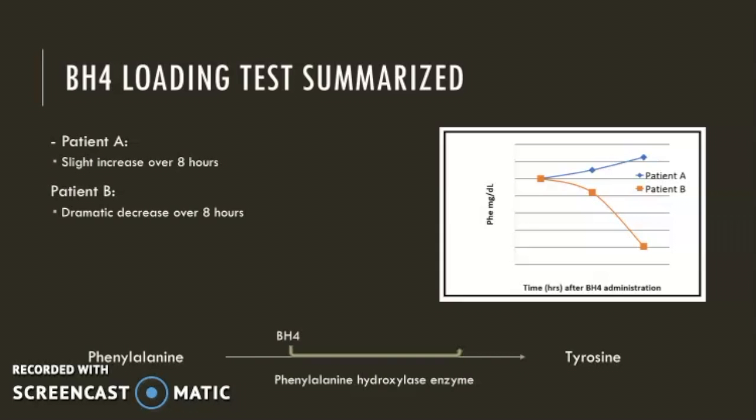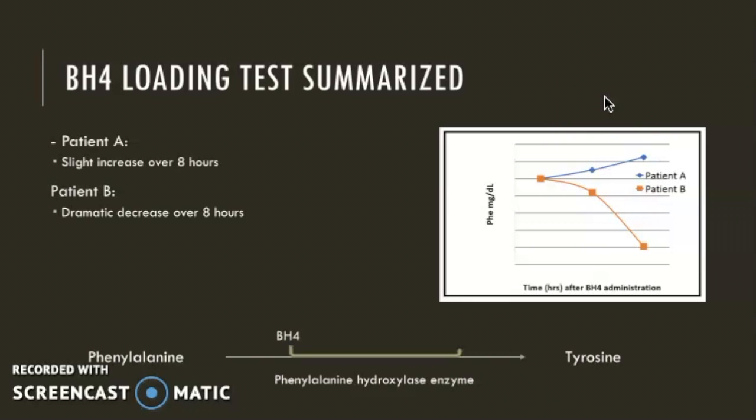At the ingestion of BH4, phenylalanine levels of the two patients are similar, if not the same. Looking at patient A, which is the blue here, after 4 hours her phenylalanine levels have increased slightly, and at 8 hours they have increased slightly again.